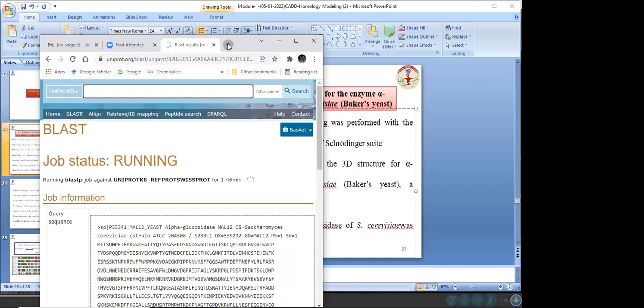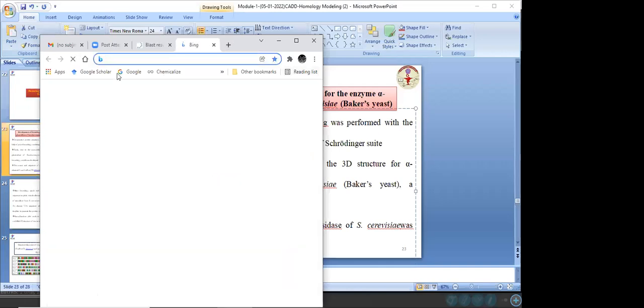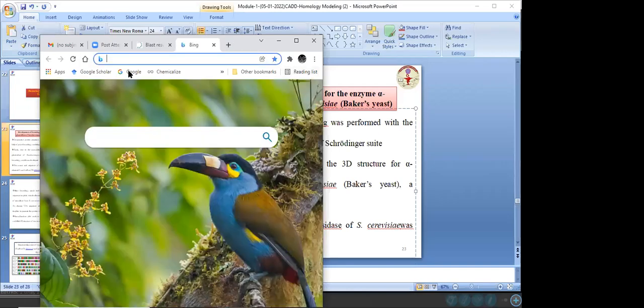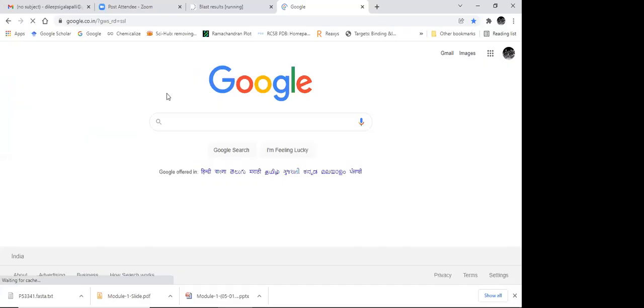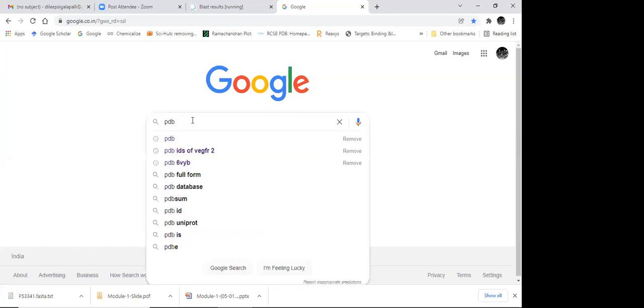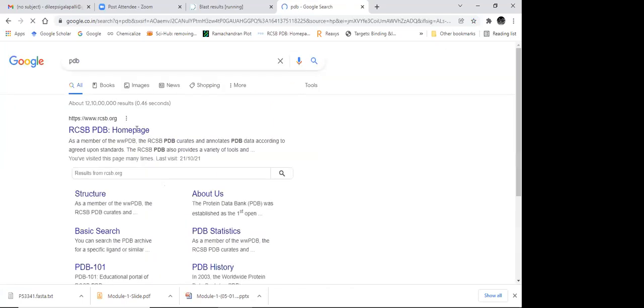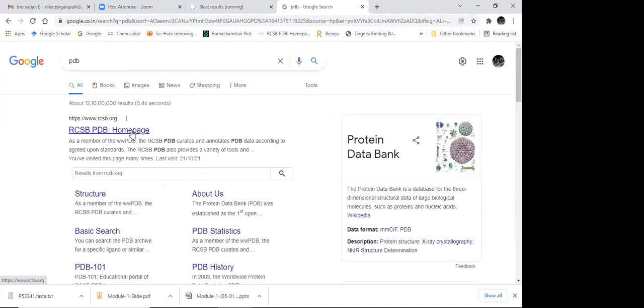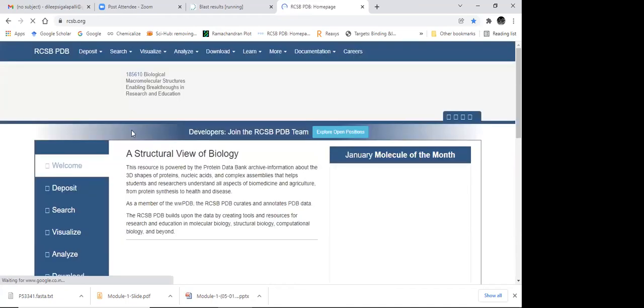Meanwhile, we'll learn about the PDB, the Protein Data Bank. Here you can see RCSB PDB, Protein Data Bank, where all the protein crystal structures are deposited. We can see the number of protein crystal structures here.